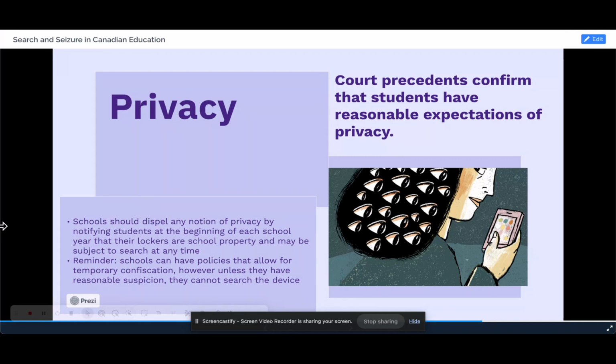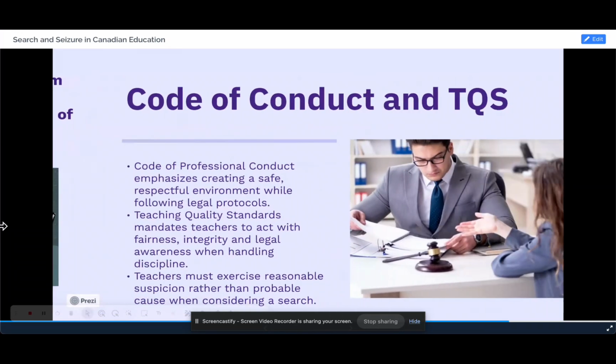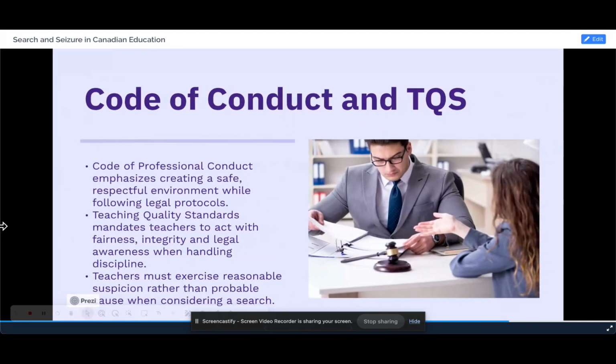Now onto the Code of Professional Conduct. It primarily emphasizes following legal protocols, that teachers must abide by those parameters set out by the law. The TQS mandates teachers to act with fairness, integrity, and legal awareness when handling discipline. Teachers must exercise reasonable suspicion rather than probable cause when considering a search.